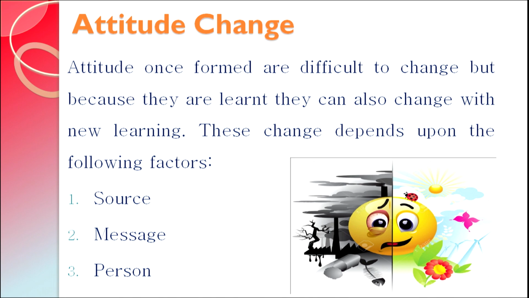Another is, we would change our attitude only if the message is very strong. And lastly, it depends upon the person. The person might have the capacity to change the attitude, or might not. Let us discuss all these factors one by one.